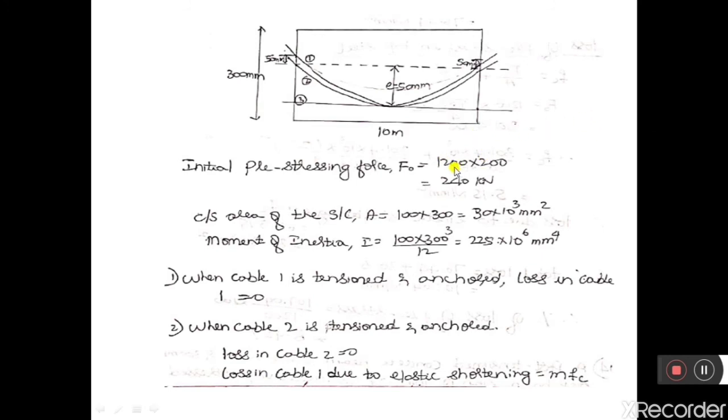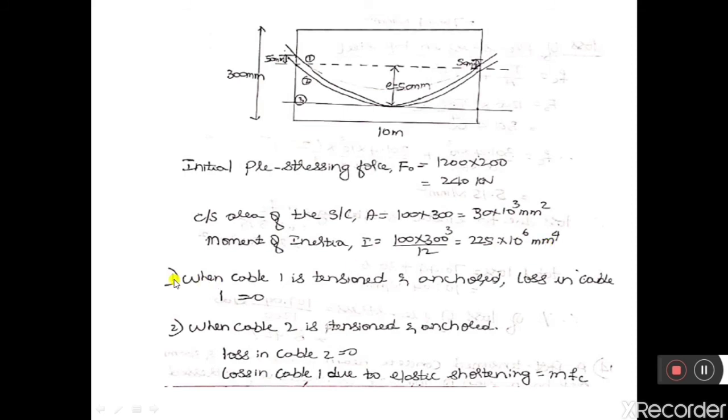Stress into area gives the prestressing force, that is 240 kilonewton. The cross-section area is 100 into 300, that is 30 into 10 to the power 3 mm square, the cross-section area of the given beam. Moment of inertia is BD cube by 12, that is 100 into 300 cube by 12, which gives 225 into 10 to the power 6 mm to the power 4.